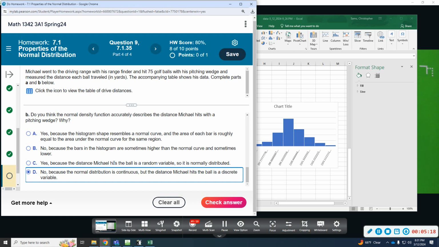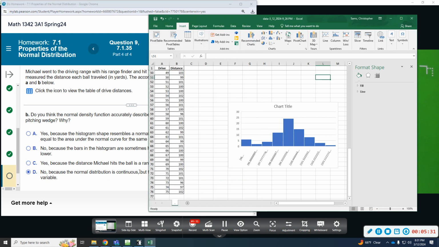Yes, the distance he hit the ball is a random variable, so it's normally distributed. Nope. No, sometimes higher, sometimes lower. That is the case. Sometimes they're higher, sometimes they're lower.